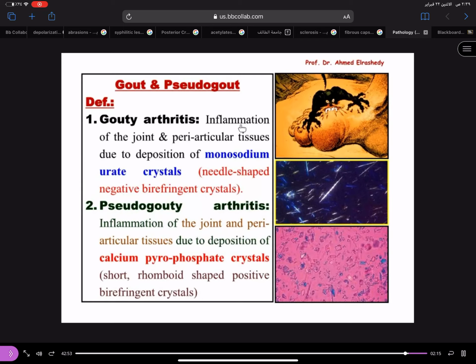Okay, so these are the signs: fever, pain, swelling. These are signs of inflammation. Means they appear after inflammation. But how will you define inflammation? What is inflammation? Because if you are studying pathology, inflammation you should have at your fingertips.